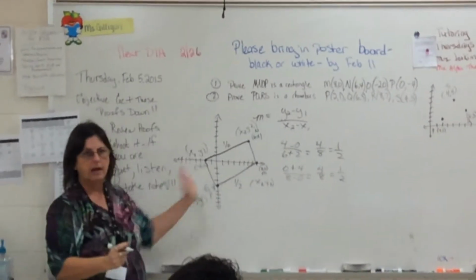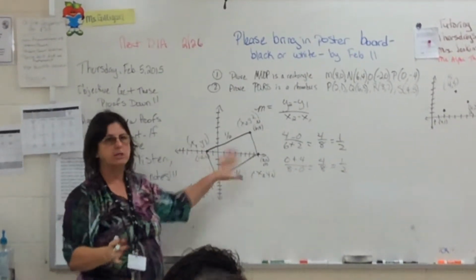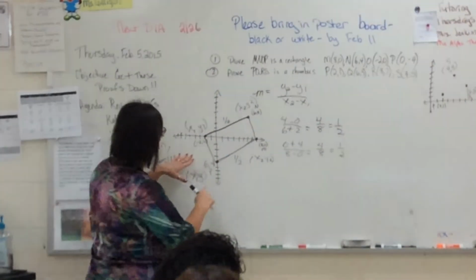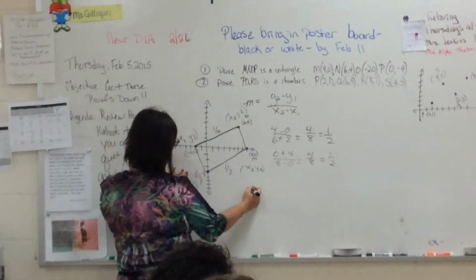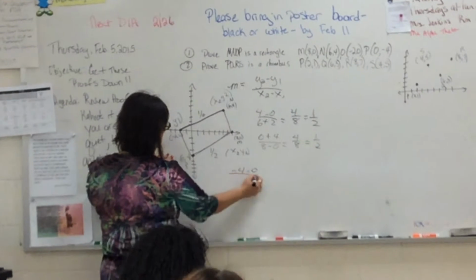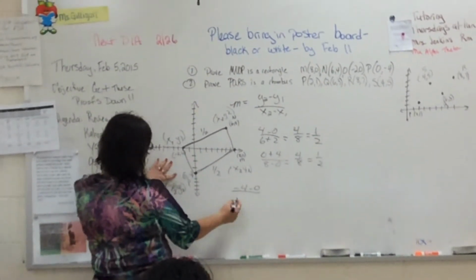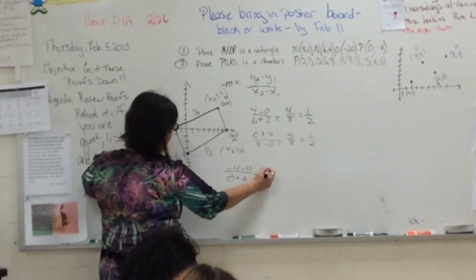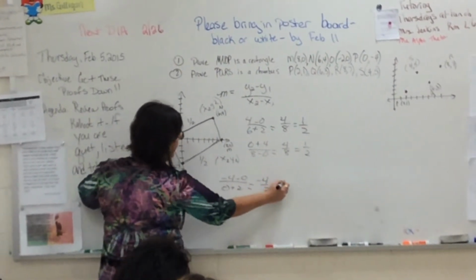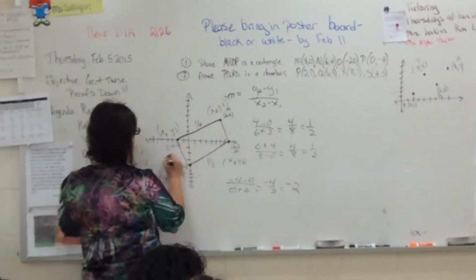Now I have to prove the other 2 lines are parallel, because right now we're just proving it's a parallelogram. I'll make this x2, y2. So we've got negative 4 minus 0 over 0 minus negative 2. So I've got negative 4 over 2, which is negative 2.